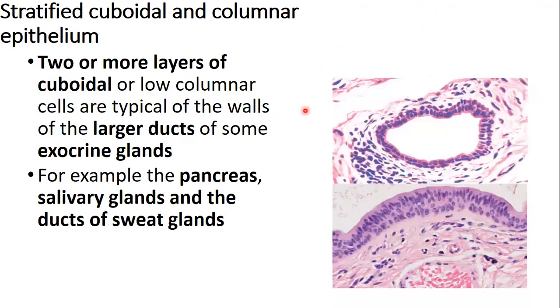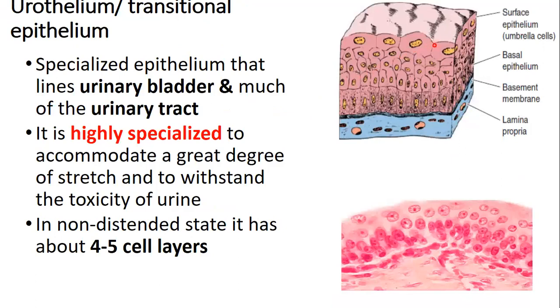But when it comes to transitional epithelium, one umbrella cell will cover 3 to 4 cells underneath it. And these cells can be cuboidal, columnar, flat, and so on and so forth. So when you see these cells, then you know that you're looking at transitional epithelium, otherwise known as urothelium.